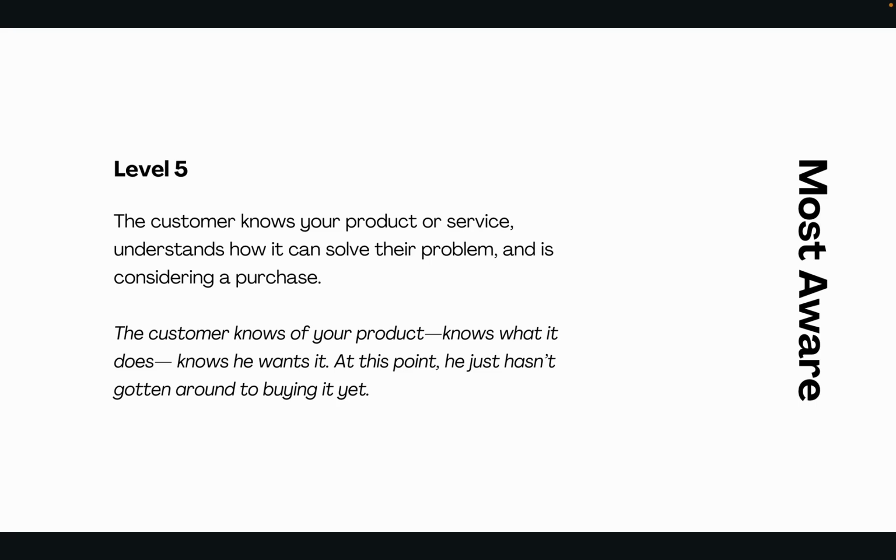Now, I'm going to give you a couple of examples, but I want to explain something. We're going to focus more, when you're coming up with copy and angles for your ads, on the first three levels of awareness, because the copy for the fourth and fifth levels is basically very easy to come up with and very straight to the point, right? Level 5 is where you have things like retargeting ads and stuff like that.